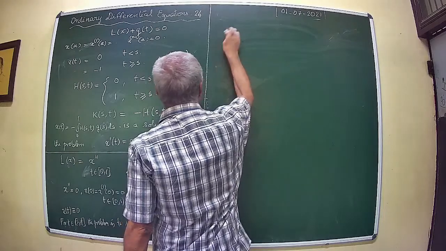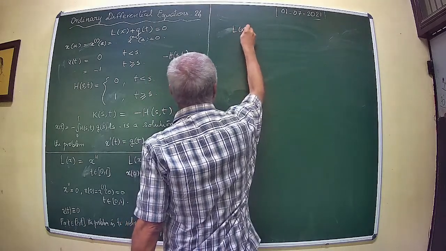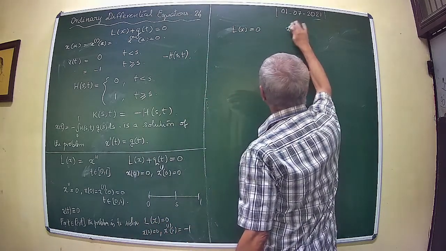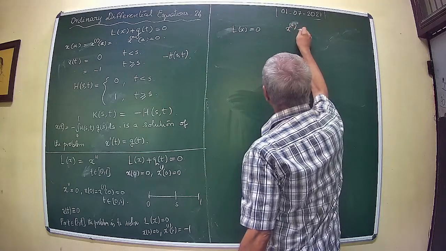So what is x(t)? See, you are looking at this equation Lx equal to 0, which is x second derivative equal to 0.